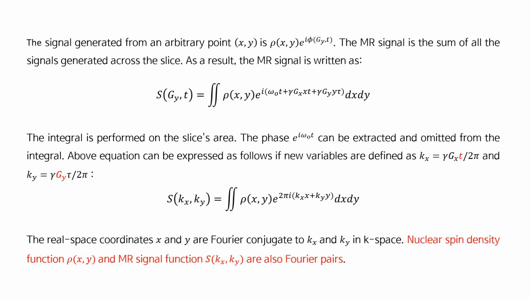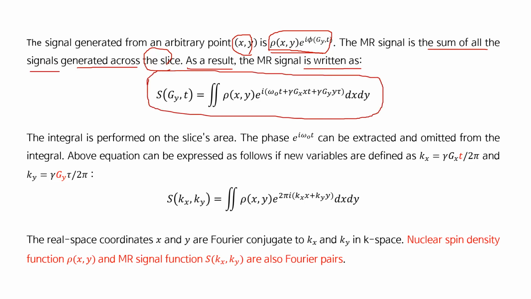The signal generated from an arbitrary point x, y is given by this form. The MRI signal is the sum of all the signals generated across the slice. As a result, the MRI signal is written as this equation. Integration over the slice.